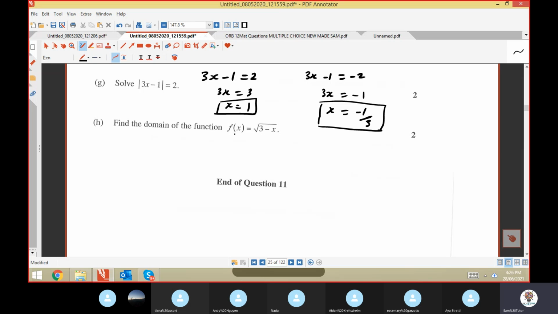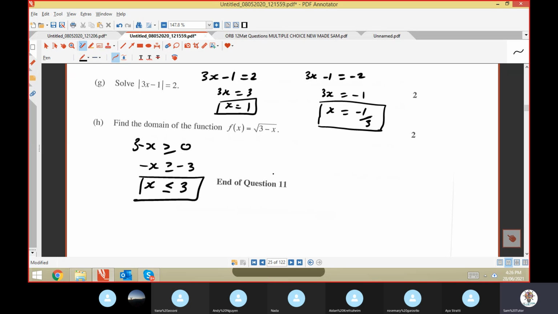Find the domain of the function. The domain needs to occur when 3 minus x is greater than or equal to 0. That's just pretty much minus x greater than or equal to negative 3, so x is smaller than or equal to. Be careful with that inequality change right there.